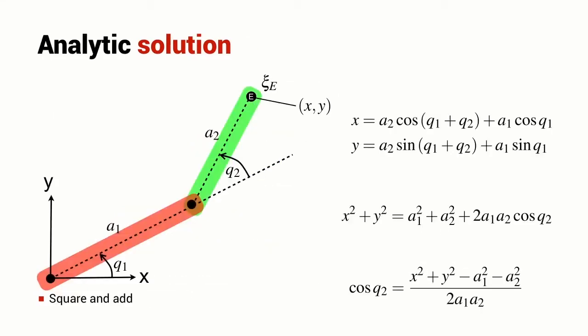We write down the forward kinematic equations, which here give us the end effector pose x and y in terms of the joint angles, and then with a large amount of manipulation and again with some insight and intuition, we can write down equations which give us the robot joint angles.